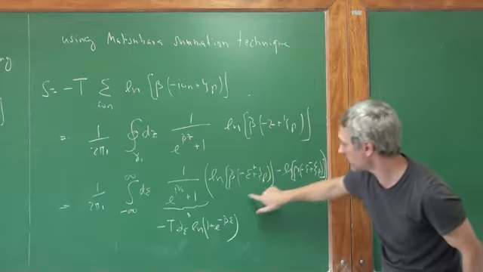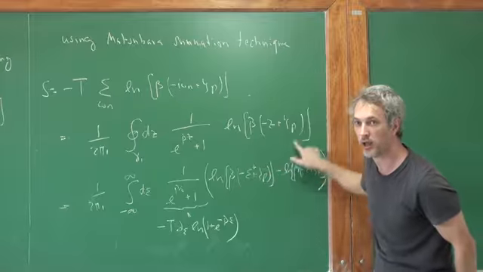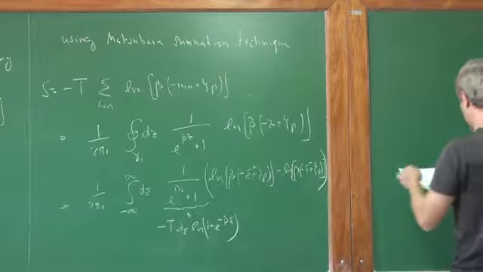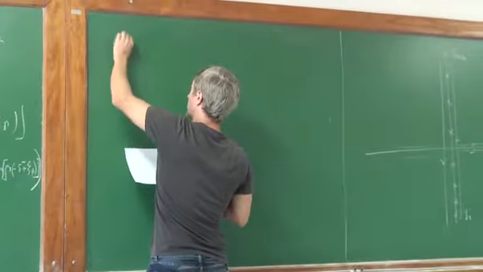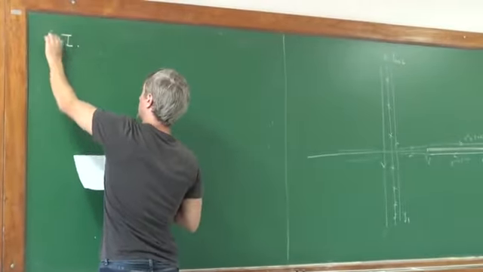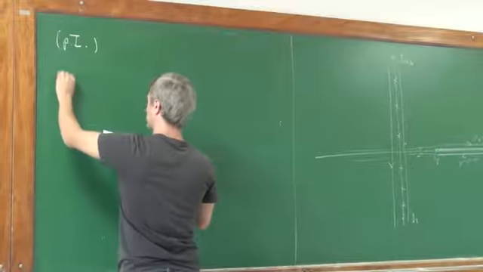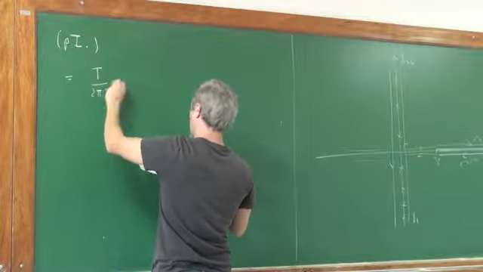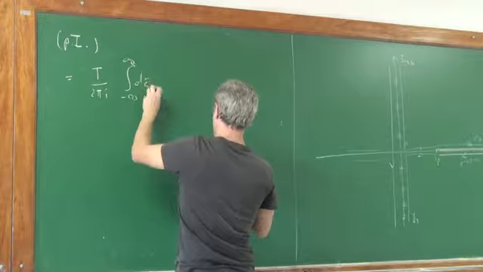Make the partial integration, then we have the log here. This derivative will give us two fractions. Okay, so let me write down what you get after partial integration. So we get a 2i, then we have the integral from minus infinity to infinity, d epsilon.